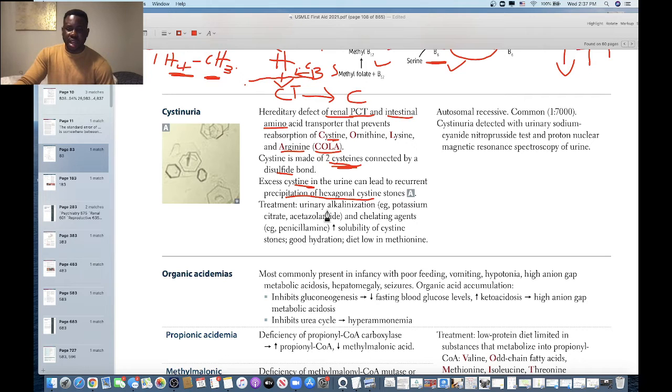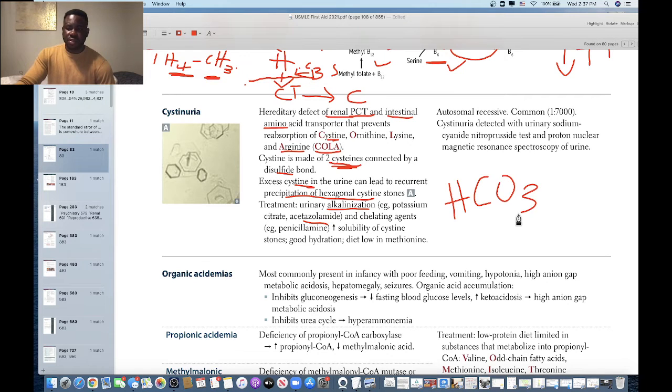Treatment is alkalinization of the urine, using potassium citrate or acetazolamide, which will alkalinize the urine. Because of how acetazolamide works, it blocks the enzyme that helps us to form bicarb, right?